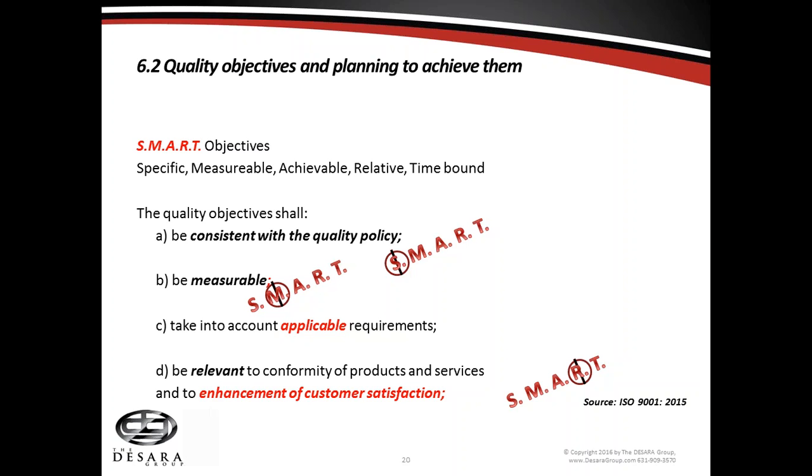D, they use the term relevant from the SMART acronym. Relevant to the conformity of products and services and the enhancement of customer satisfaction. So we're trying to make a relationship or a tie-in back to that customer-focused quality principle that the standard is built on. So right off the bat, we've got measurable, we've got specific, and we've got relevant from the SMART criteria already hinted at, and in some cases spelled out specifically.